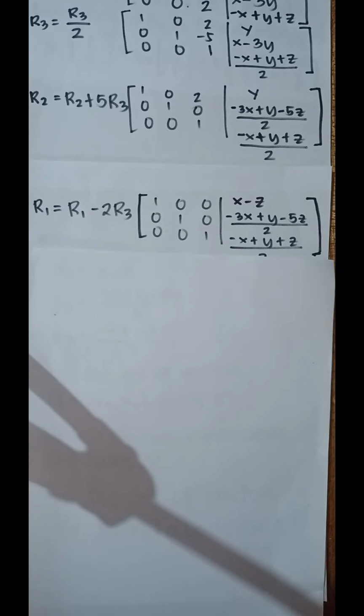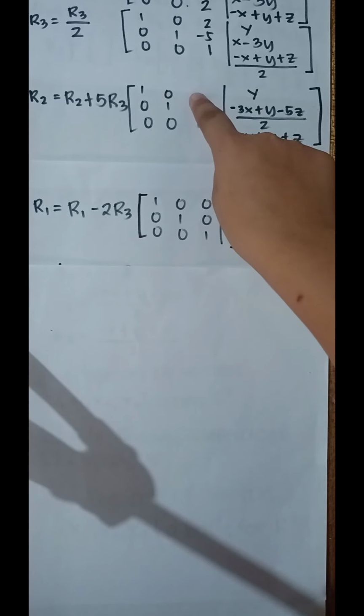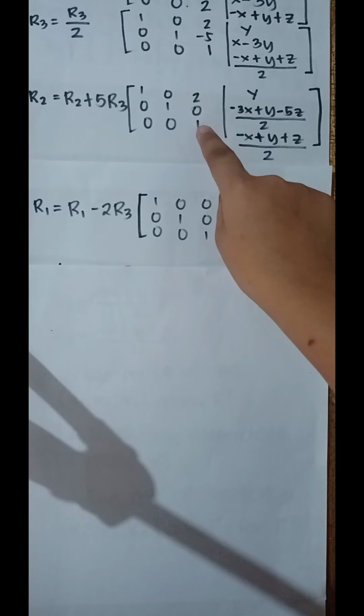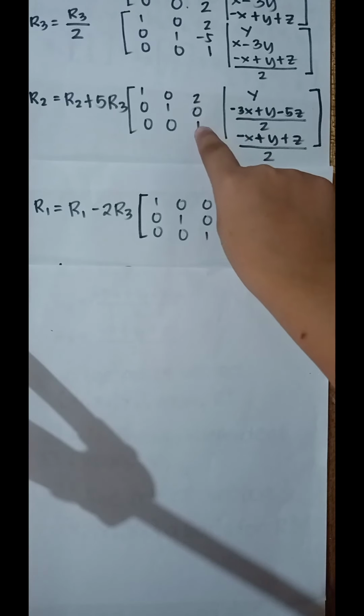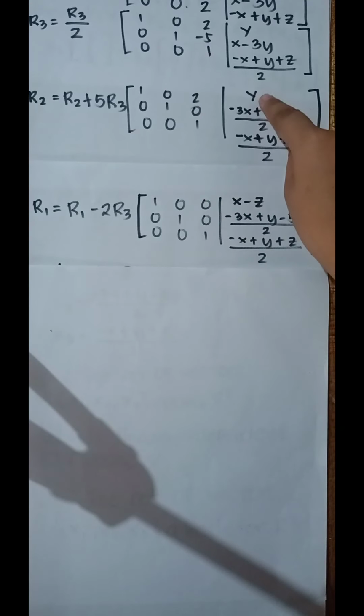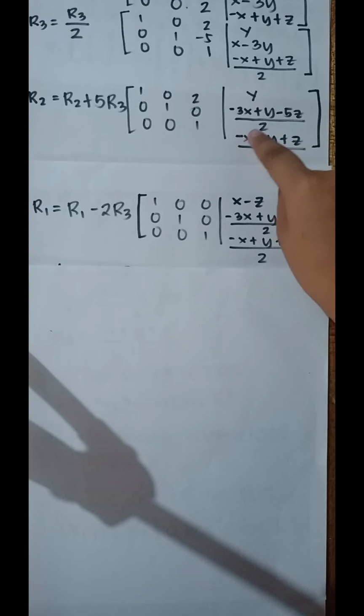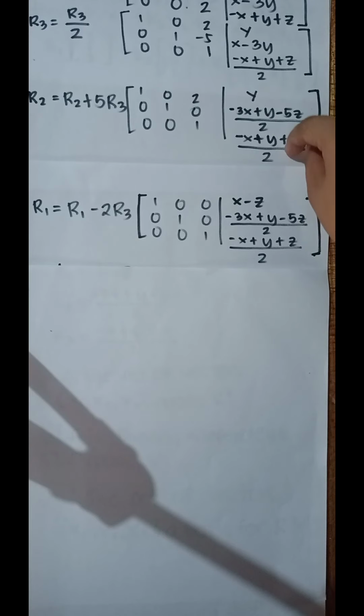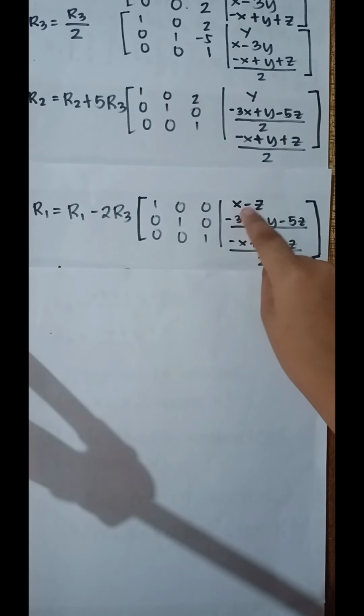Next, we are going to make this number 2 become 0 by subtracting R1 minus 2R3. So 2 minus 2 times 1 is equal to 0. And y minus 2 times the quantity negative x plus y plus z over 2 is equal to x minus z.